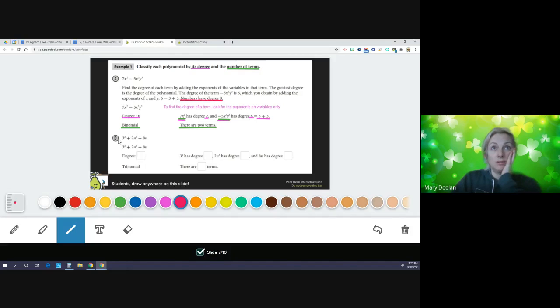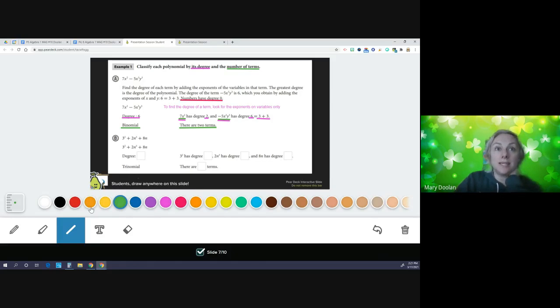Let's look at B. Here's our polynomial, 3 squared plus 2n cubed plus 8n. I think it's easier to figure out what type of polynomial it is by the number of terms. That's easier to see right away.